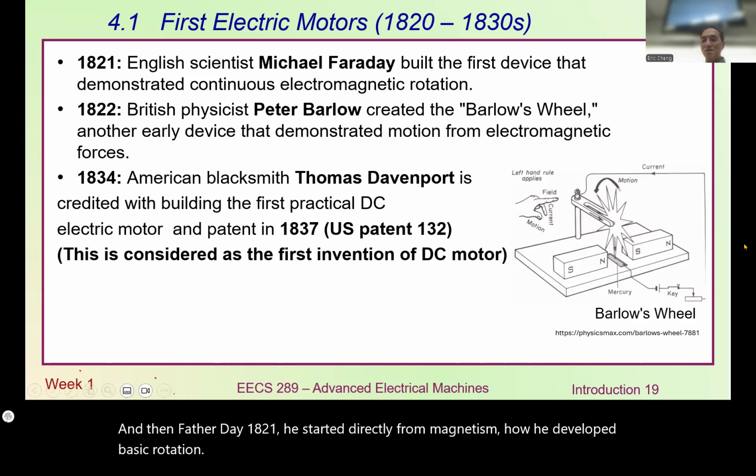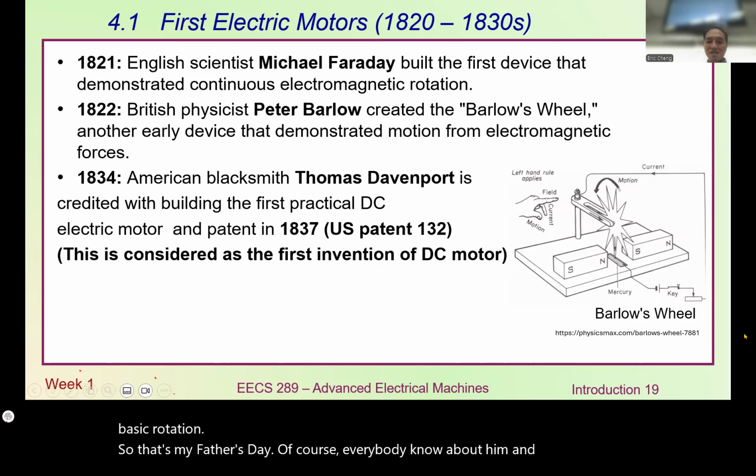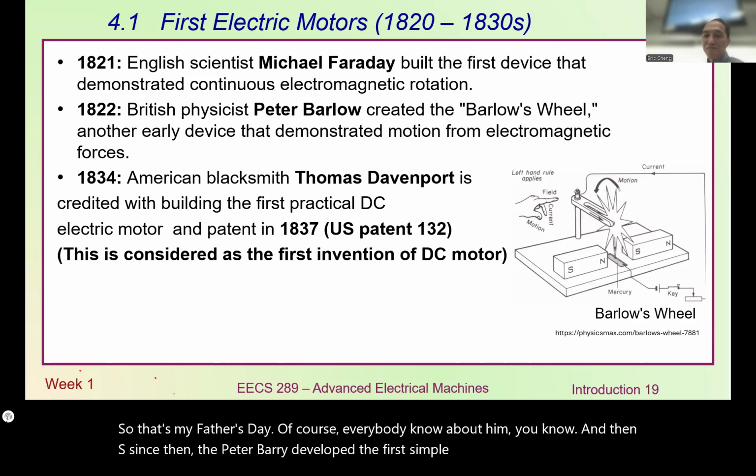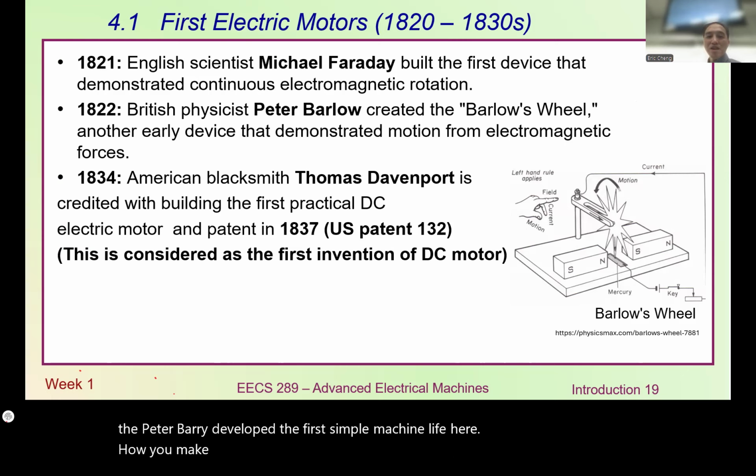Everybody knows about him. Since then, Peter Barlow developed the first simple machine like this, showing how you make the motor start to rotate. Then in 1834, Thomas Davenport developed the first DC motor.